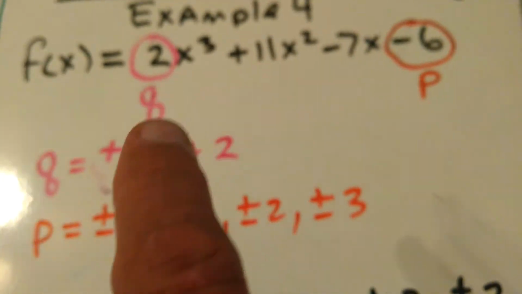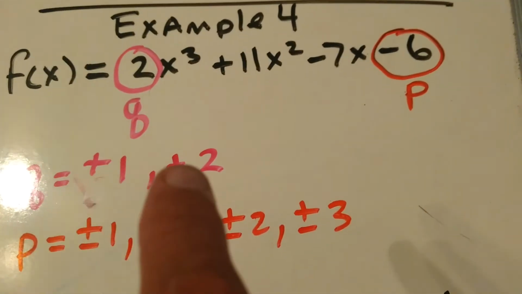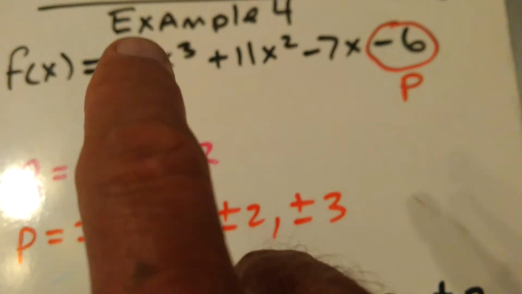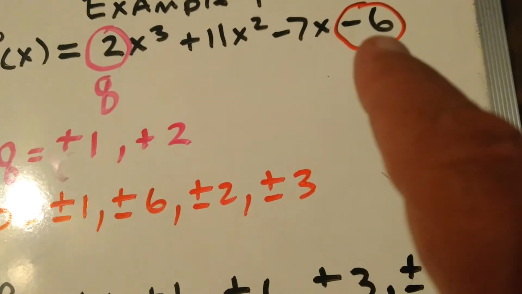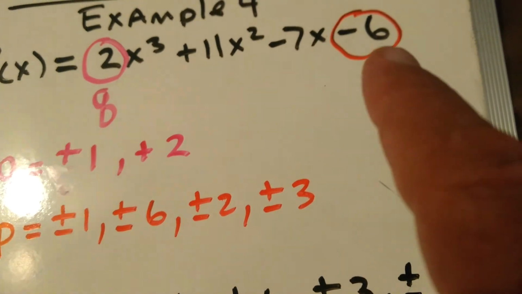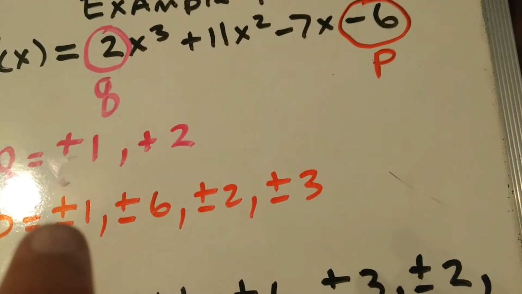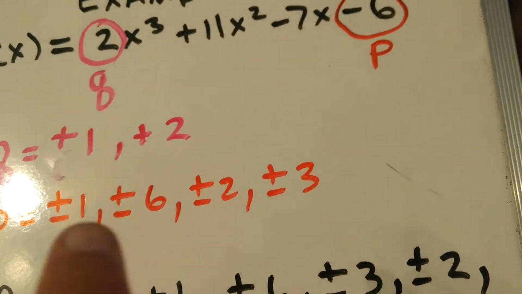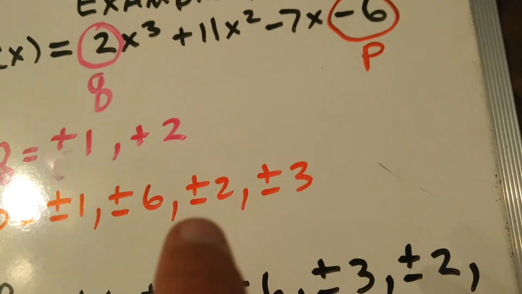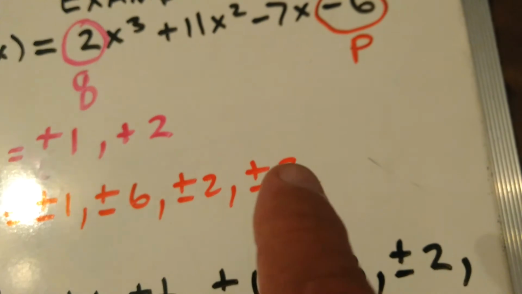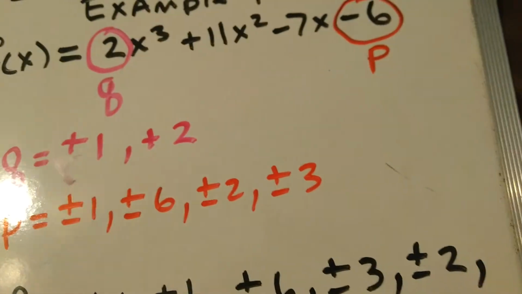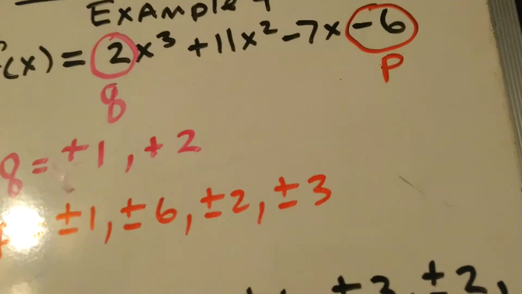So the factors of 2 for my q's are plus 1, plus 2. I don't have to do a plus or negative for q's because it'll take care of itself down here. Factors for my p, negative 6: I have a plus 1 times a negative 6 or a negative 1 times a positive 6. Here I'd have plus 2 times a negative 3, negative 2 times a positive 3. Those are all my factors for that negative 6.